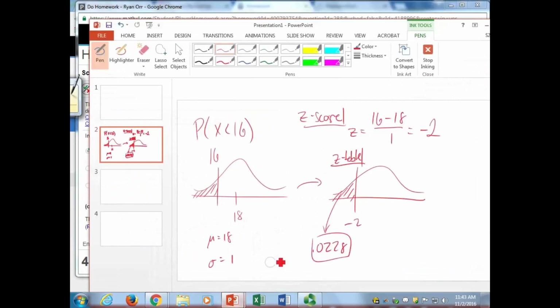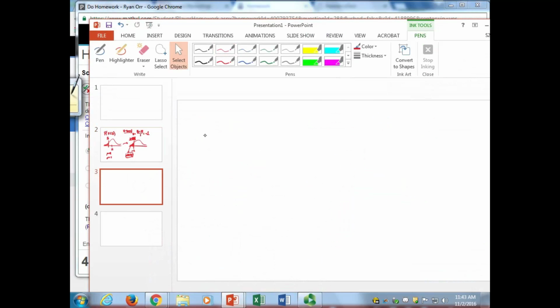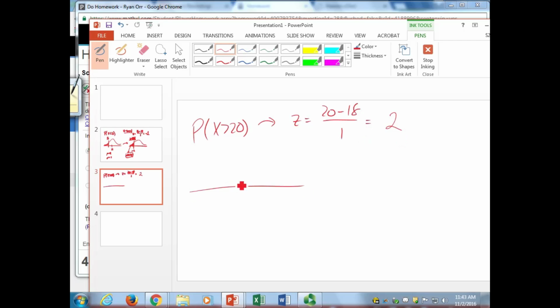Same idea here. Now we're just going to get the probability of over 20 days. Well, our z-score is going to be 20 minus 18 over 1. That z-score is just a positive 2. So notice that above 2 is going to be the same as below negative 2. So if this was 0.0228, this would also be 0.0228.